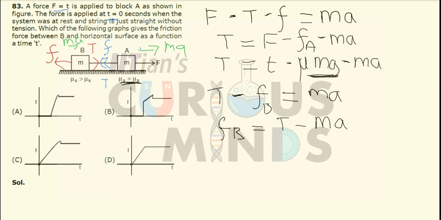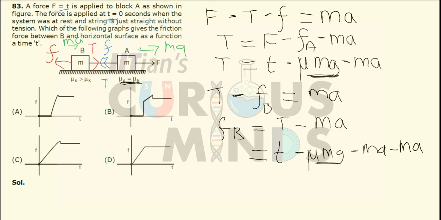Now over here the tension is given as T minus ma. So I will substitute T minus mu mg, remembering that this value remains constant, minus ma minus the ma.